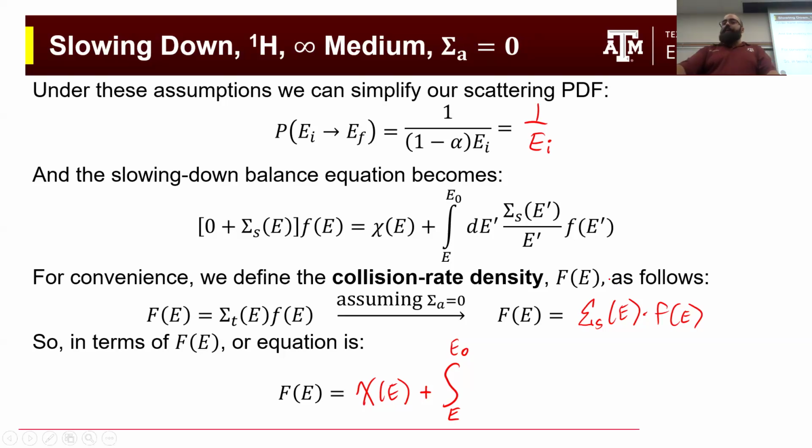And by definition, this sigma S of E prime times little f of E prime is big F at E prime. So I'll have a dE prime times a big F of E prime divided by E prime. So after we make all of those assumptions and plug them into our balance equation, this is what we can write in terms of our collision rate density.